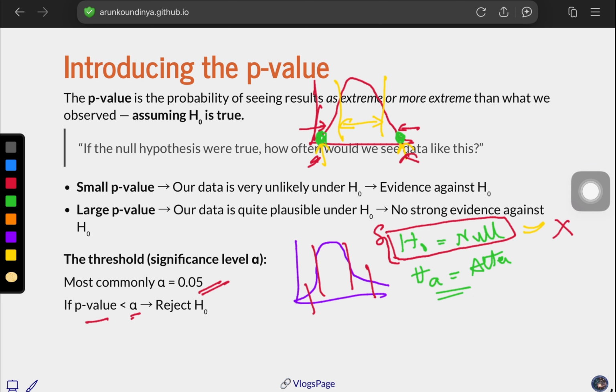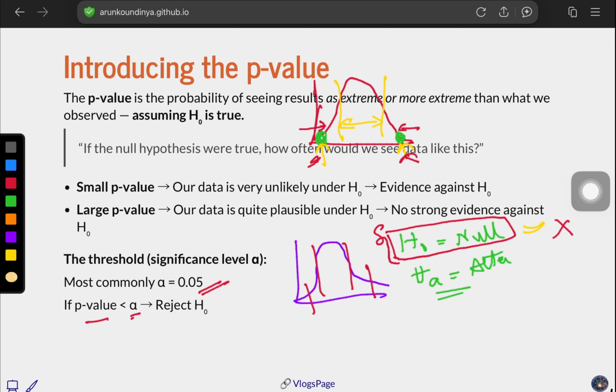Let's step back into our definition of null hypothesis. We are not saying we are agreeing with the null hypothesis. We are saying that we need sufficient evidence to reject the null hypothesis.